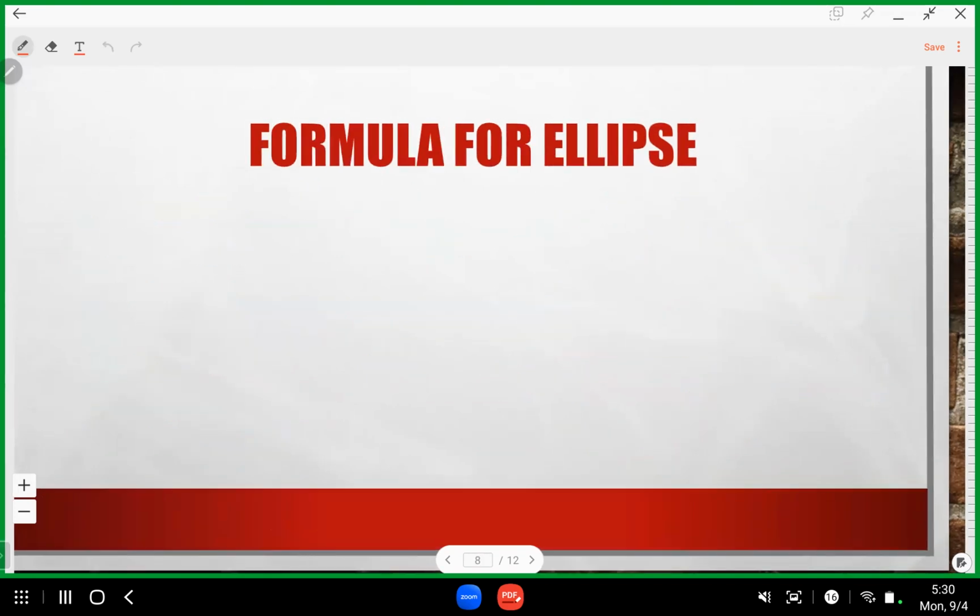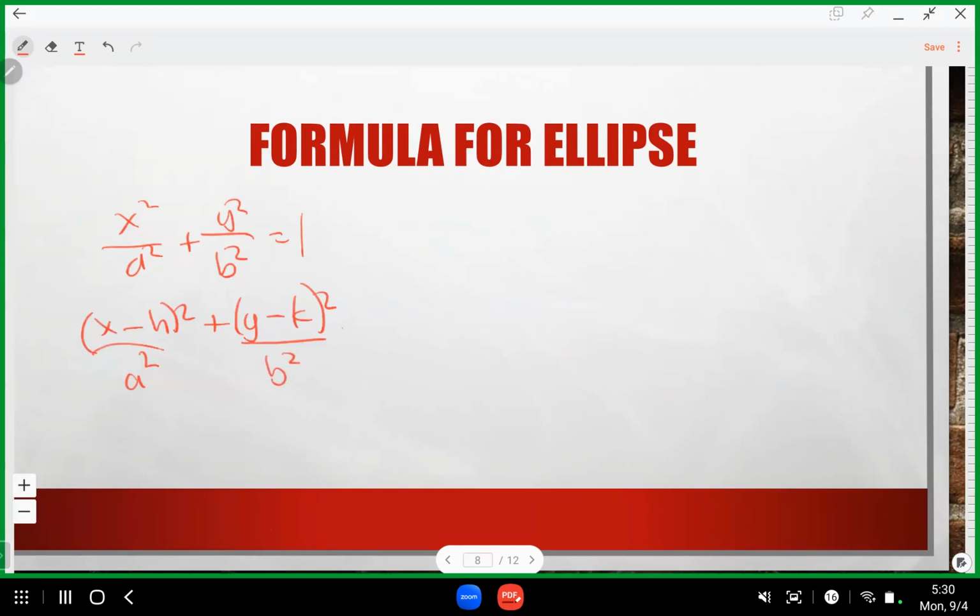So let's actually go over the formula for the ellipse. Right now we have x squared over a squared plus y squared over b squared is equal to 1. And we can actually move the center, right? So of course you're seeing this again: (x minus h) squared over a squared plus (y minus k) squared over b squared is equal to 1.